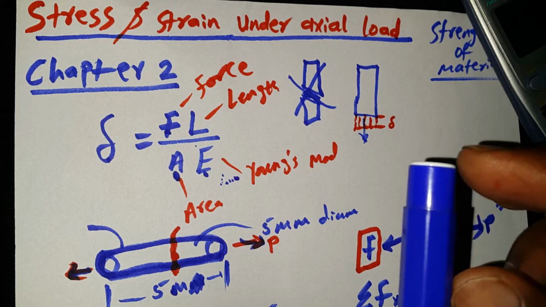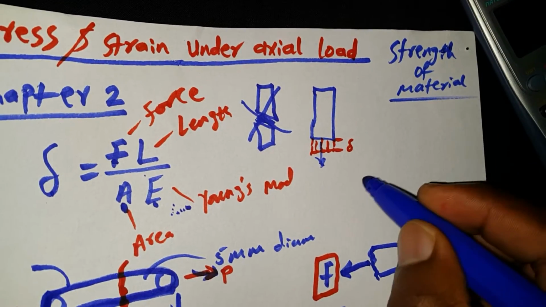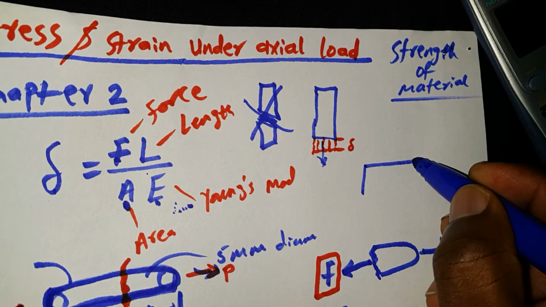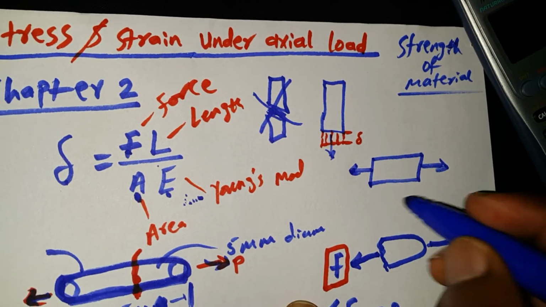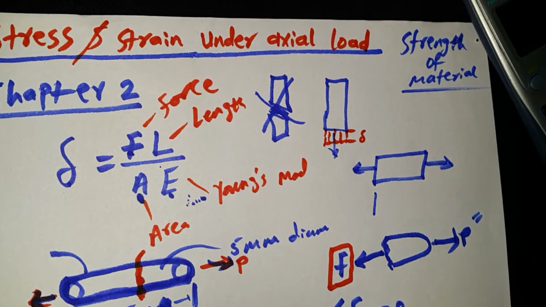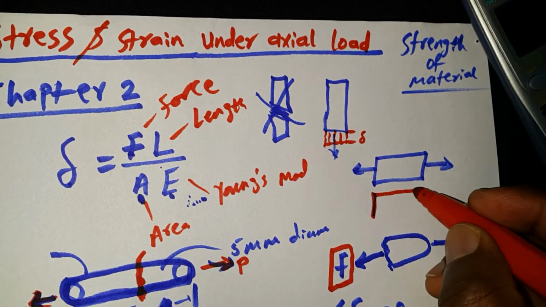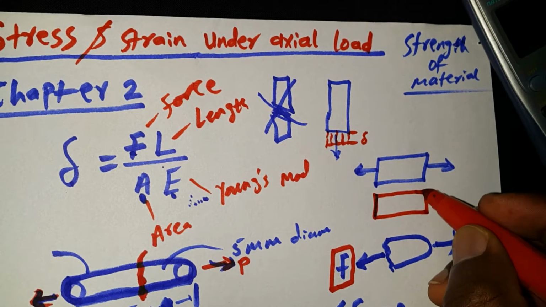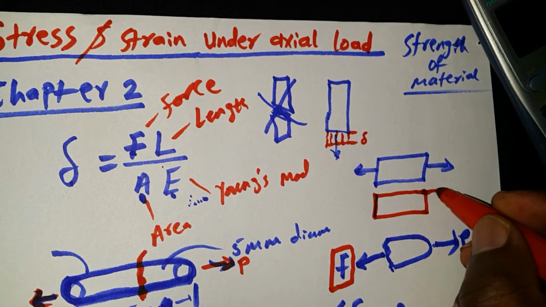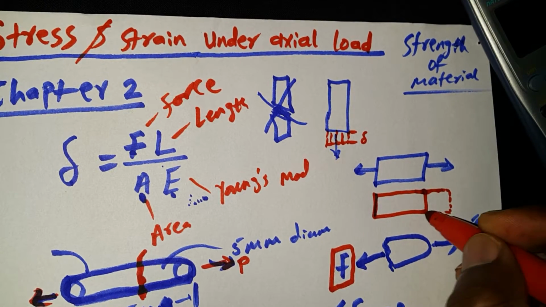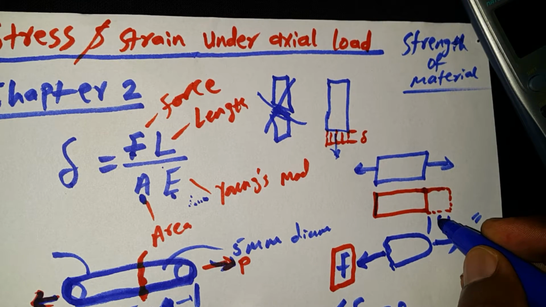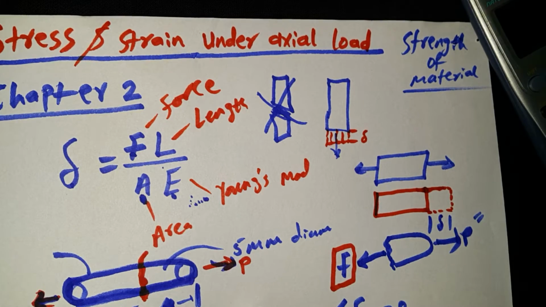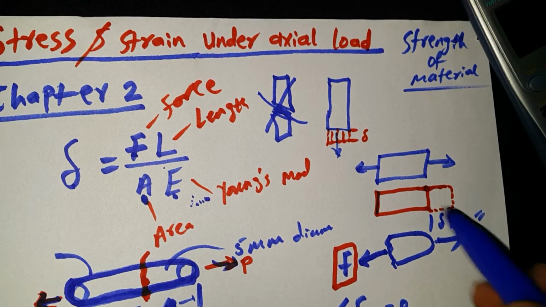So let's say this is a member and the force is applied. If a force is applied, we will have something like this. This is the normal length, then there will be an additional length. So we are trying to find the additional length of the member. That is the idea of this chapter 2.